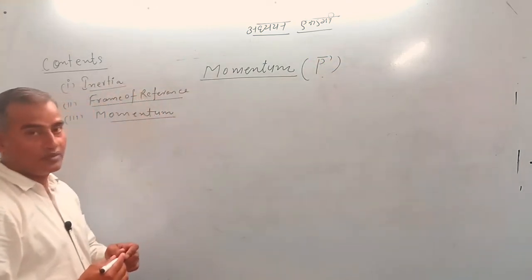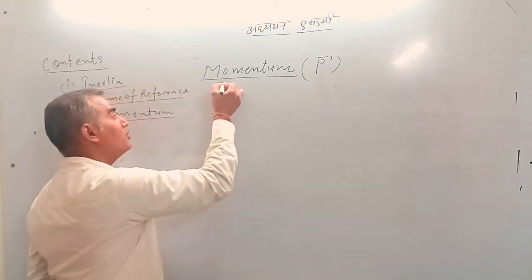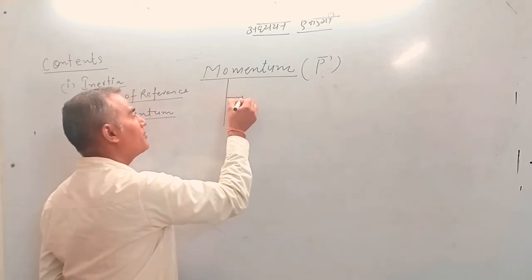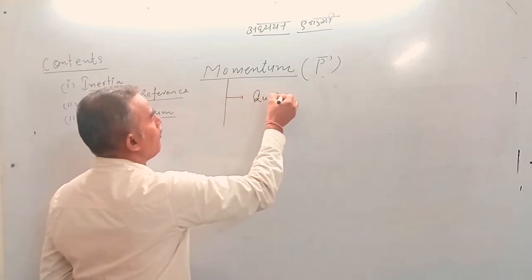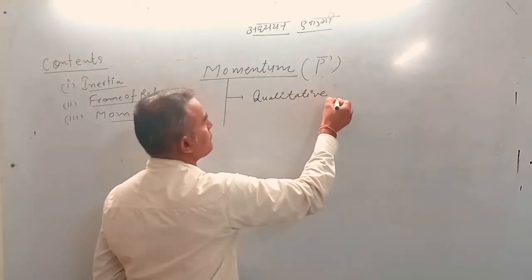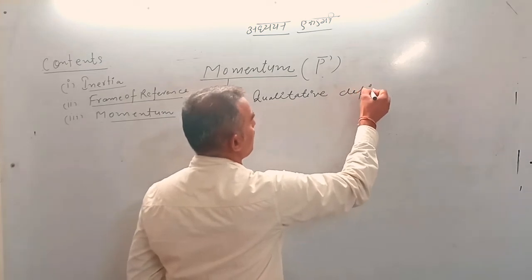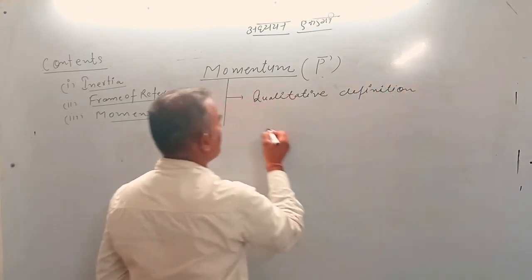Momentum. Momentum is the quantity of velocity. You can define momentum in 2 ways. Number 1, qualitative definition of momentum.